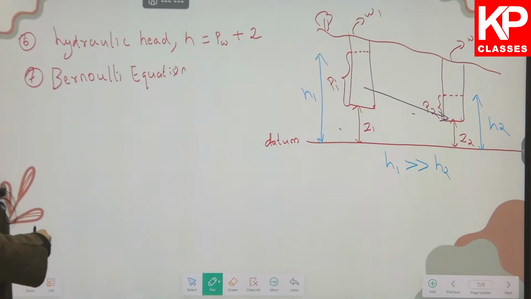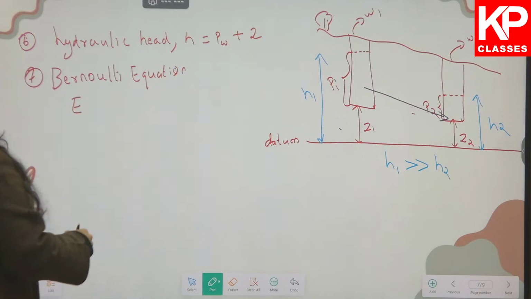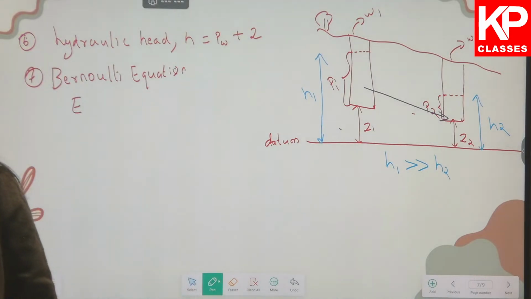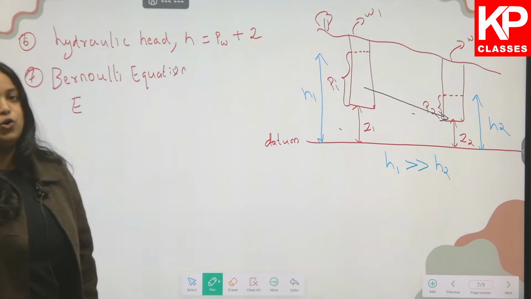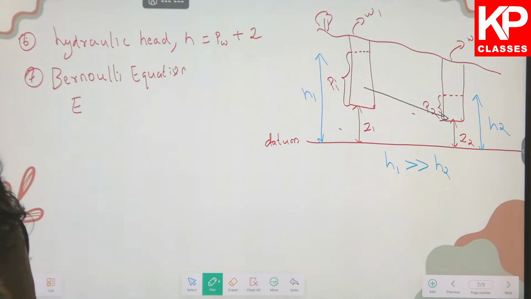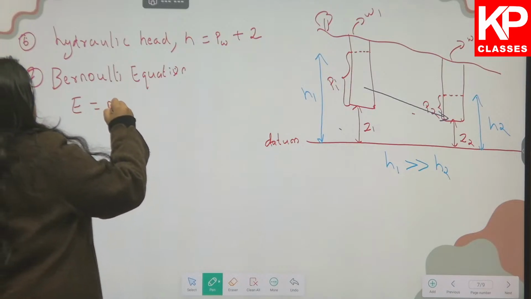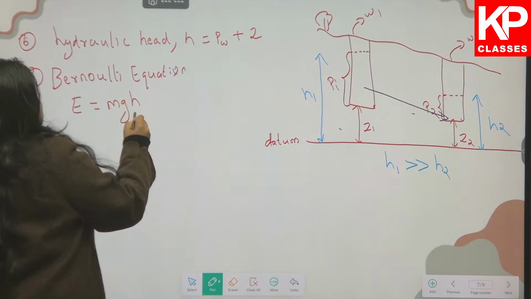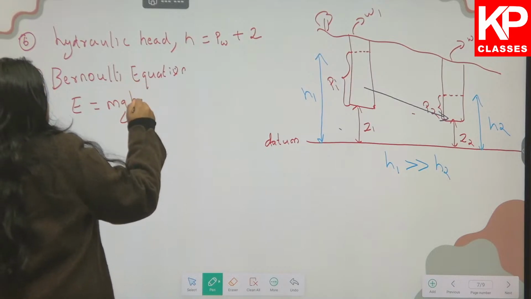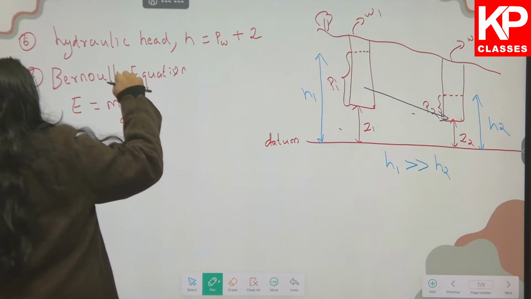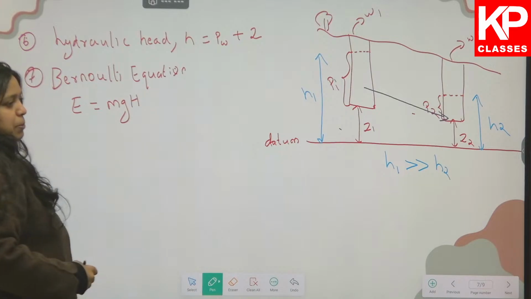Bernoulli's equation states that the total energy required for the flow of water, or the total mechanical energy E of a particular water column, is the summation of the potential energy at that particular location, which is notated by mgh, where h defines the height of water column. This is not the hydraulic head. Write it as capital letter H.